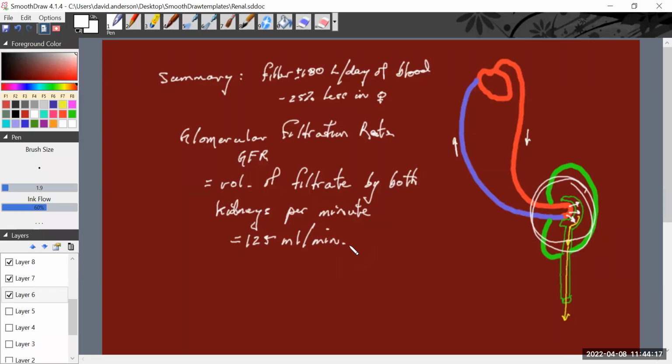And we know that a large percentage, most of that volume of filtrate, is going to be reabsorbed, right? Based on what we talked about last week. We defined reabsorption as the contents that are returned to the circulatory system. And then secretion is going to end up in the filtrate, right?